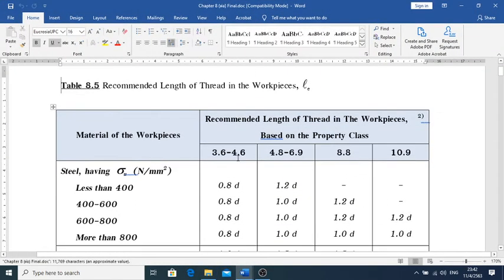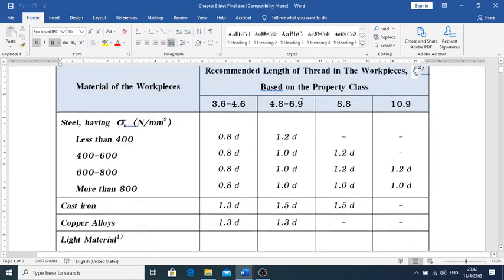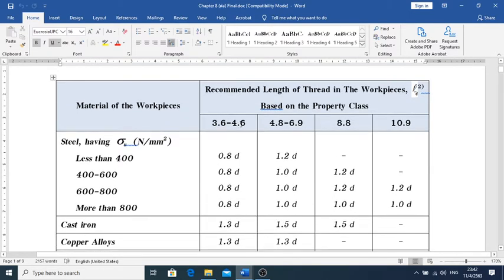In the recommendation of the thread lengths in the workpiece, as shown in figure 8.10 a while ago, the L sub E for the workpiece material steel, for the property classes, as I said already, 3.6 up to 4.6, and 4.8 and above, which is the high class, is recommended this way.